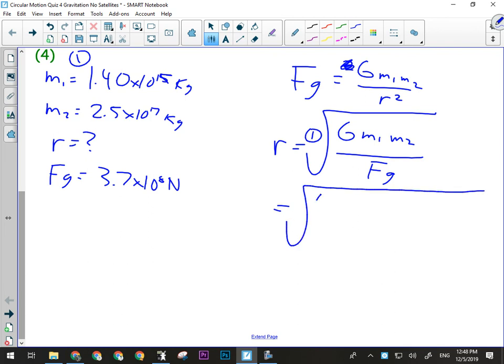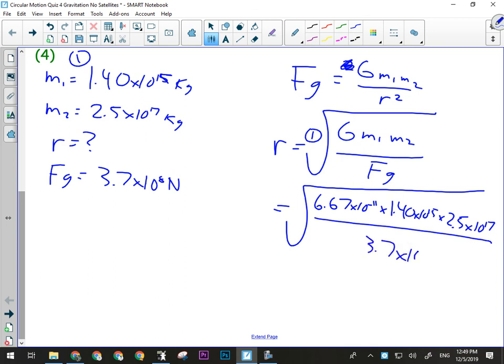or maybe they went straight to plugging in the numbers, which would look like this: 6.67 times 10 to the minus 11 times 1.40 times 10 to the 15 times 2.5 times 10 to the 17 divided by 3.7 times 10 to the 8.